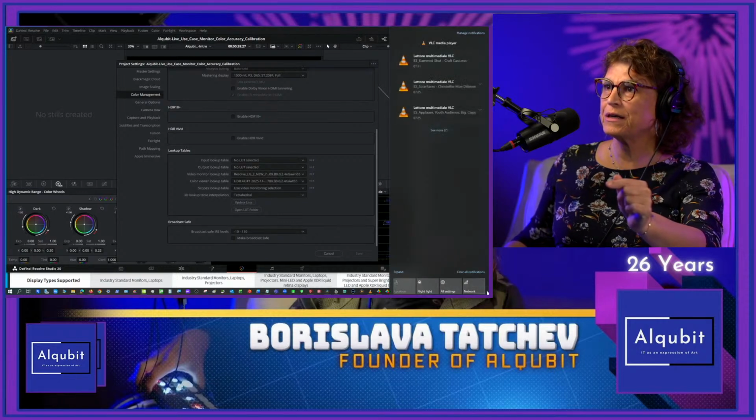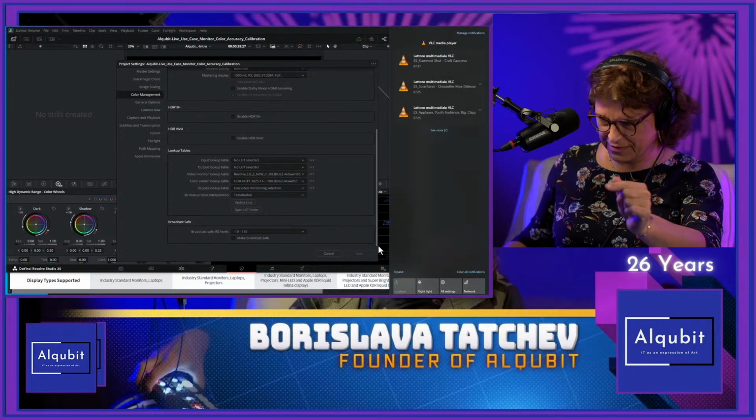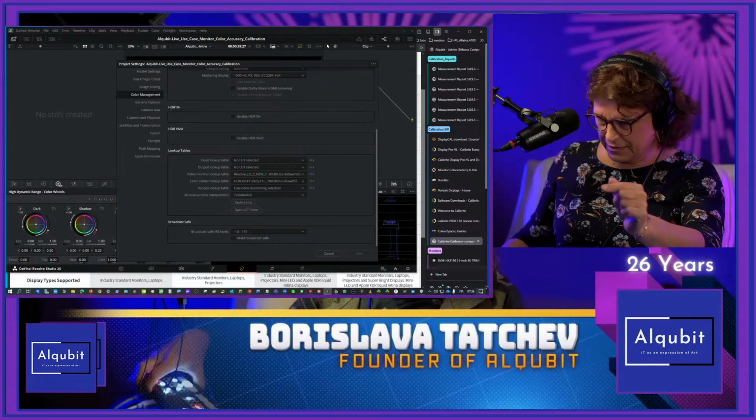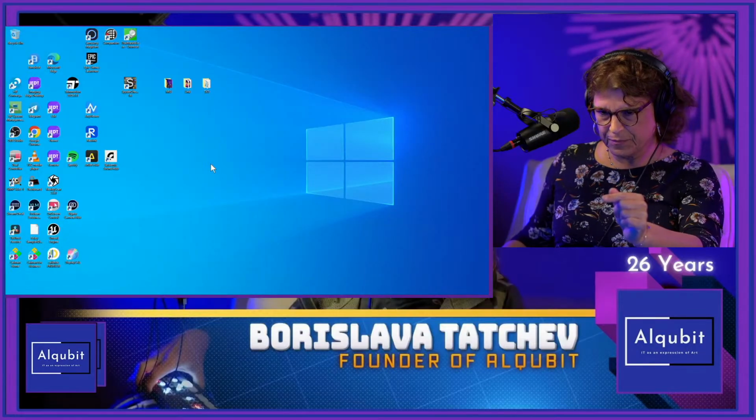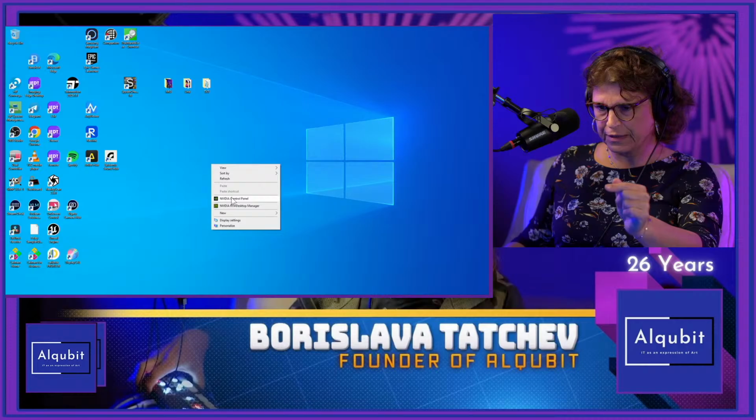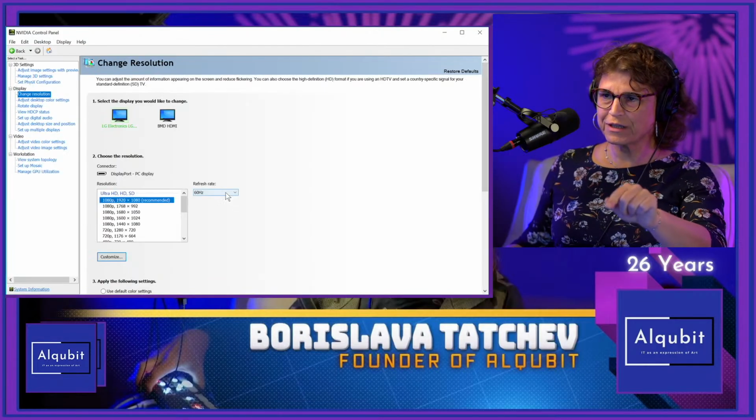So it will be a little bit messy. The process with optimization of the user interface.